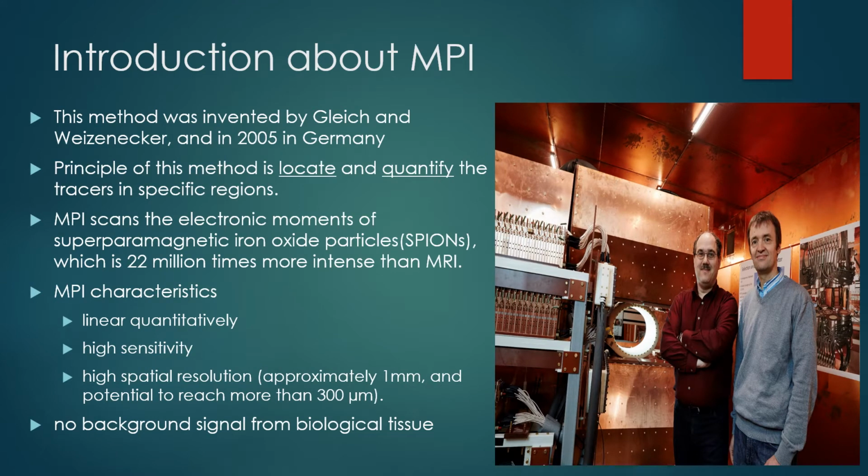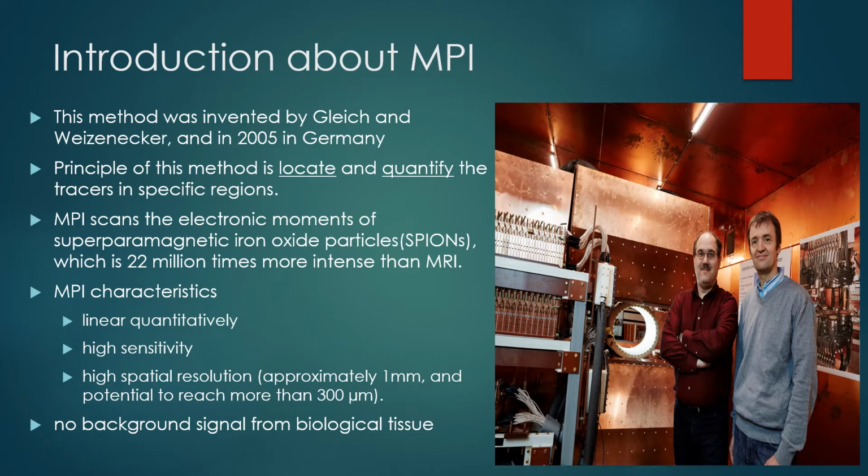So this method was invented in 2005 in Germany by Gleich and Weizenecker. The principle of this method is to locate and quantify the tracers in specific areas. So MPI could scan the electronic movements of superparamagnetic iron oxide particles, which is 22 million times more intense than MRI.